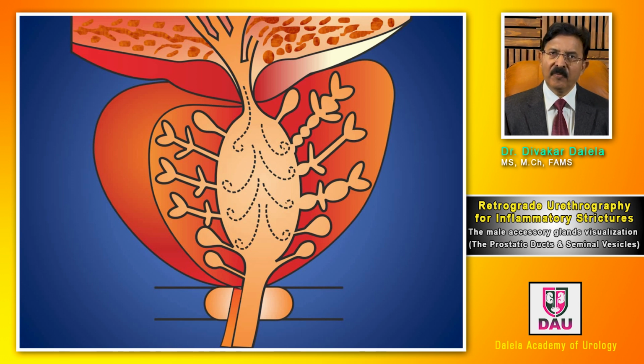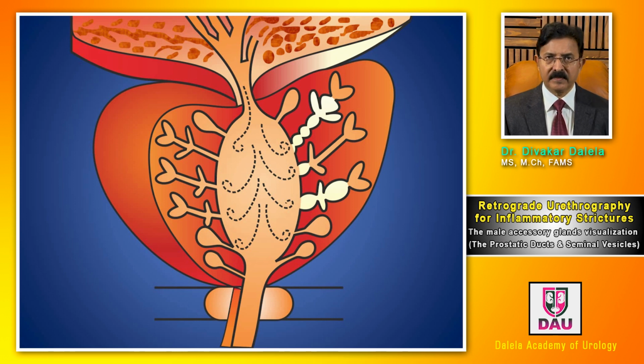So urine is now flowing back into the prostatic ducts because of distal obstruction. In some patients, these ducts get infected and prostatitis can also set in. Some patients even form stones in these dilated ducts. So that is the reason for dilatation of prostatic ducts.